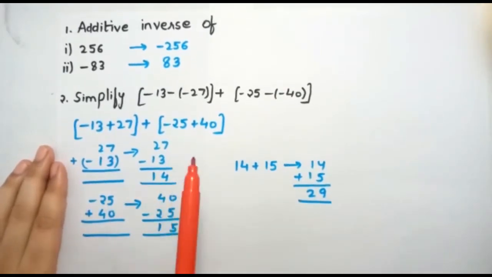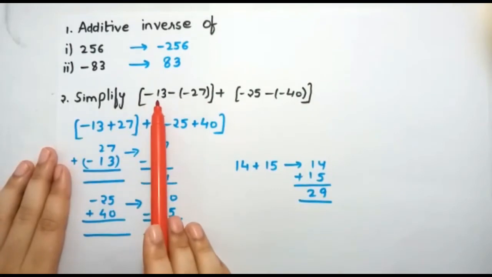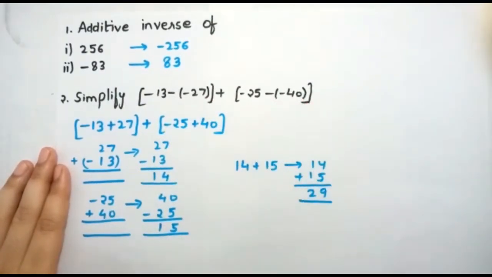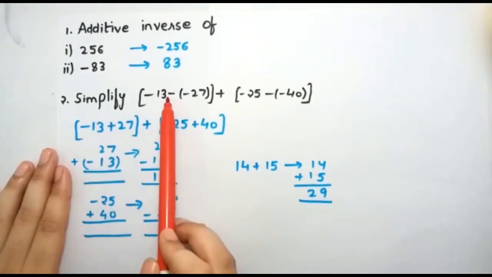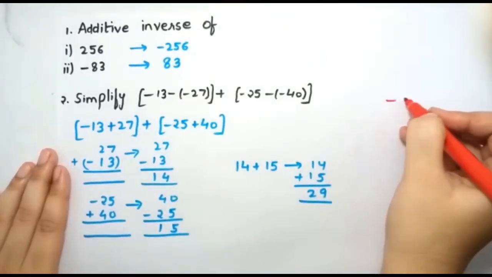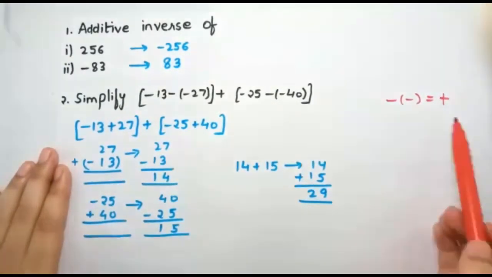So the next example that we are coming forward with is simplify: minus 13 minus 27 plus minus 25 minus of minus 40. What we'll do here, minus 13, minus and minus. We have studied in the basic rule that when this kind of operation is there, the answer would always be plus.